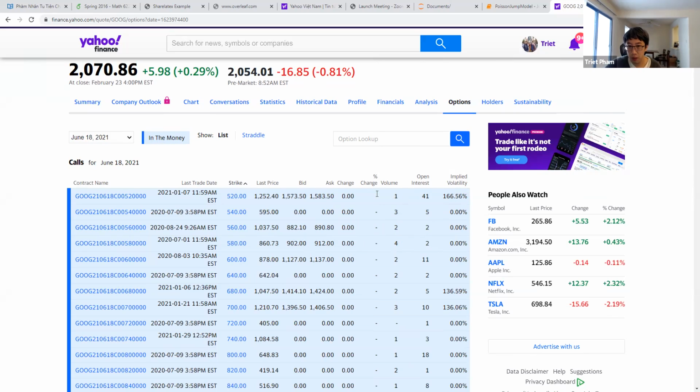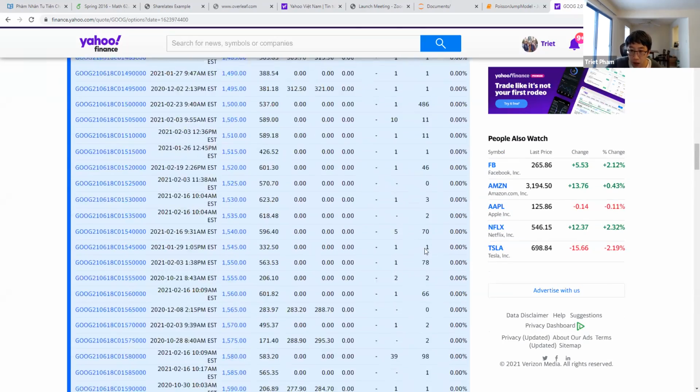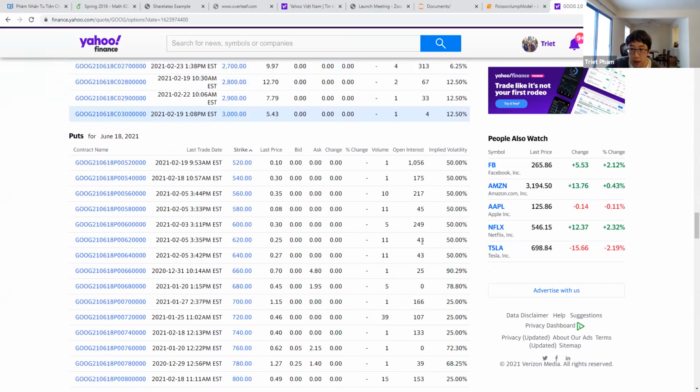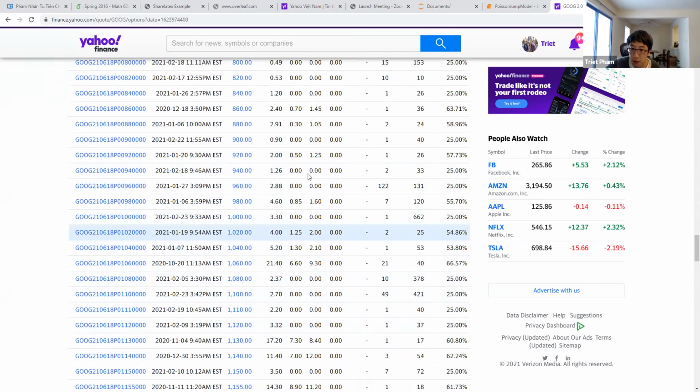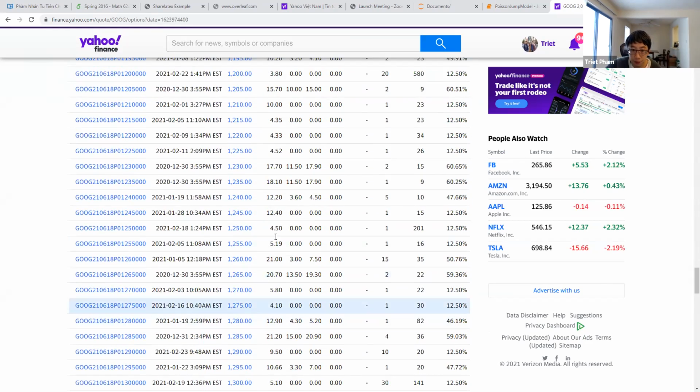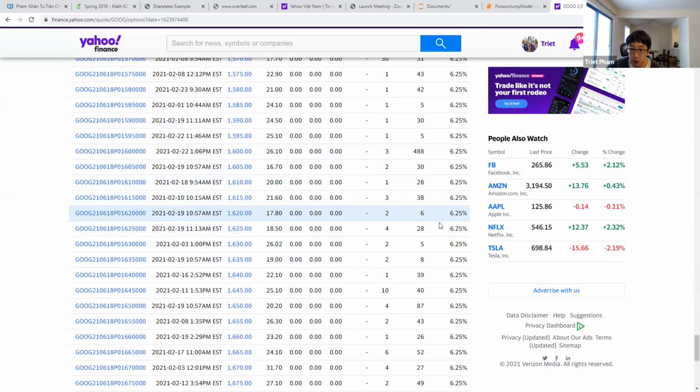Some traders will be interested in the extreme range like this, deep in or deep out of the money. But for us, it's probably better to look at the mid range right here. You see, this is where the strike level is closer and it starts to get more stable.